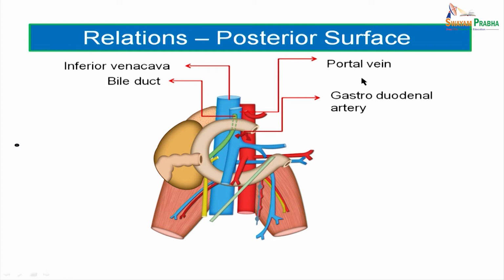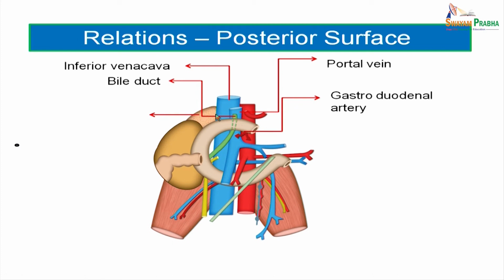To repeat, it is the gastroduodenal artery, the portal vein, the inferior vena cava and the bile duct. And also the superior aspect of this first part gives attachment to the lesser omentum, and along the free margin of the lesser omentum run the bile duct, the portal vein and the hepatic artery. So, all these are intimately related to this first part of the duodenum.